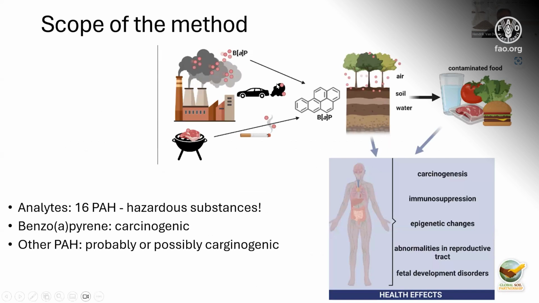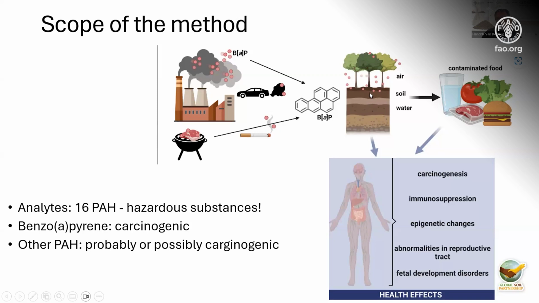Here in this drawing, you can see how they are formed by combustion. It can be a barbecue, cigarette smoke, the exhaust of cars, or industry emissions. Where you have combustion processes, the polyaromatics are formed. They are deposited on soil. They can also be transferred by rain to the groundwater.